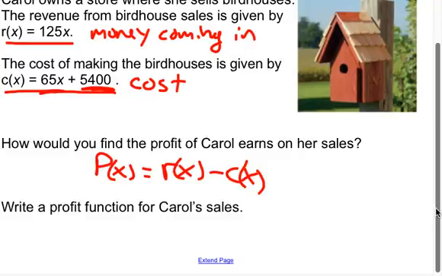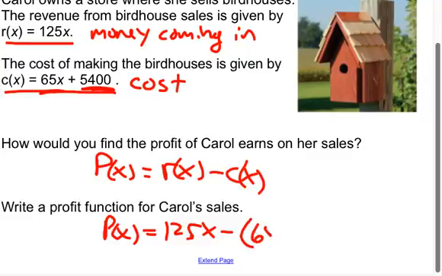Write a profit function for Carol's sales. So P of x, the profit function, is going to equal R of x, 125x, minus C of x, the cost, 65x plus 5,400.